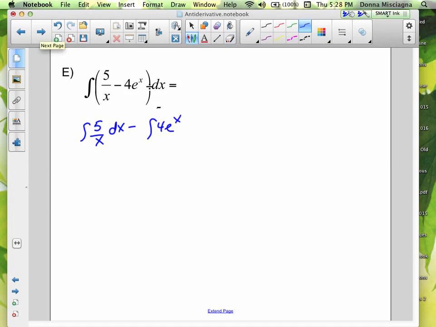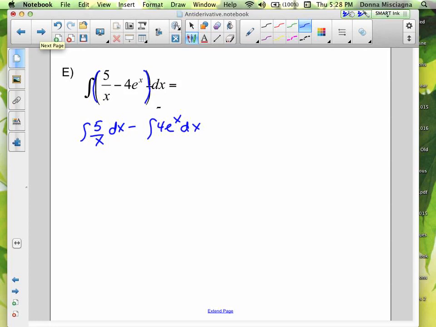That's not a divided by dx. It's supposed to be a parentheses gone awry. So that's just, in parentheses there, 5 over x minus 4e to the x with my dx there. So I can split that difference into two integrals.